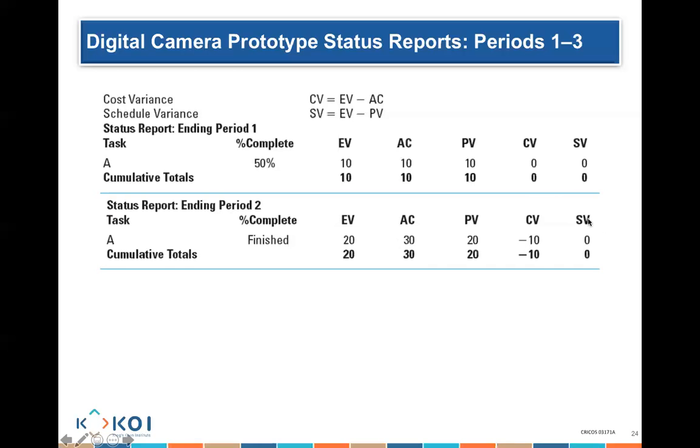To calculate the schedule variance, earned minus planned equals 0. So 20 minus 20 is 0. So I am on schedule. 20 minus AC, which is 30, so minus 10. That means I am behind budget.